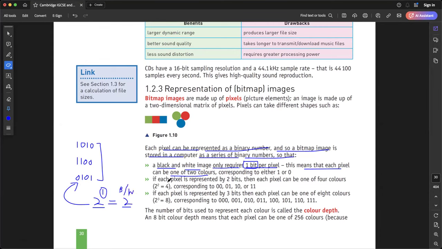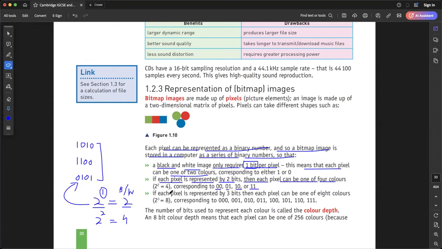Okay. Now, if each pixel is represented by 2 bits, then each pixel can be of 4 colors. How? If there are 2 colors, then 2 times 2 is 4. So the 4 colors are represented like 00, 01, 10, 11.